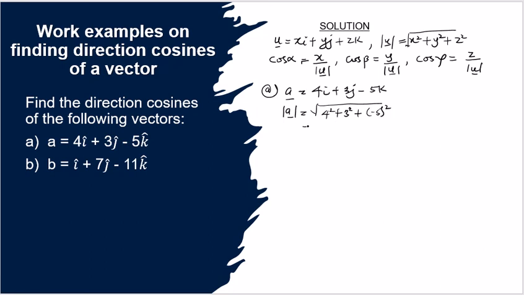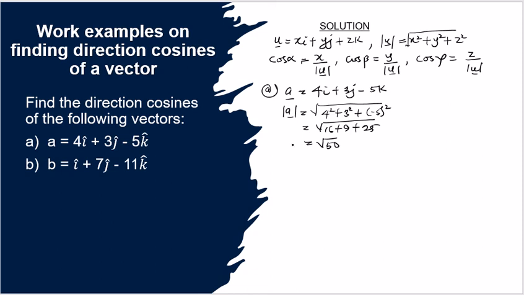That in turn gives us the root of 16 plus 9 plus 25, and that gives us root 50. So we've obtained the modulus of the vector.